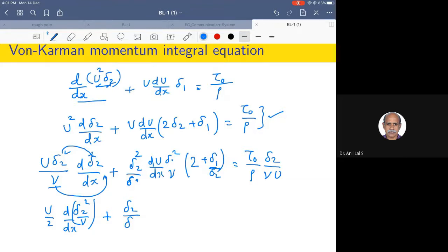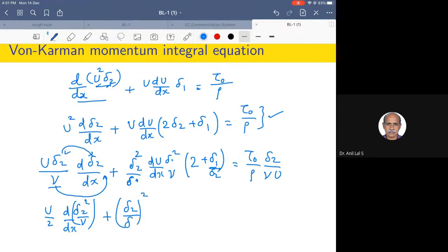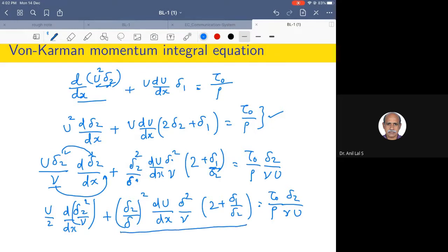So delta 2 by delta, the whole squared, into dU by dx into delta squared by nu, 2 plus delta 1 by delta 2, is equal to tau naught by rho delta 2 by nu U, and every term here is dimensionless. Delta 2 by delta is also a distance ratio, so that is dimensionless too.